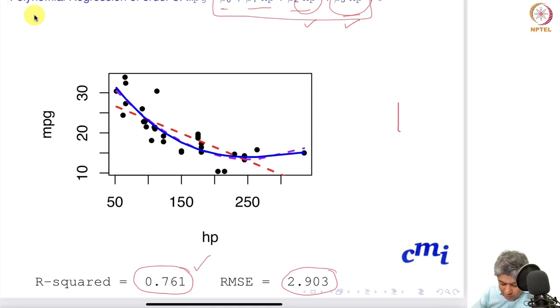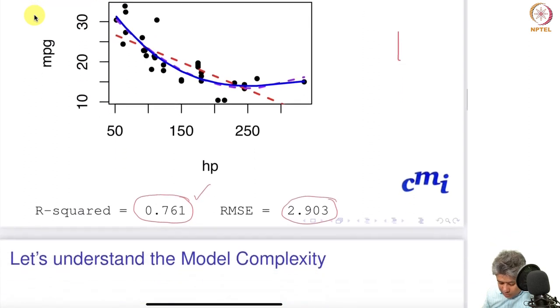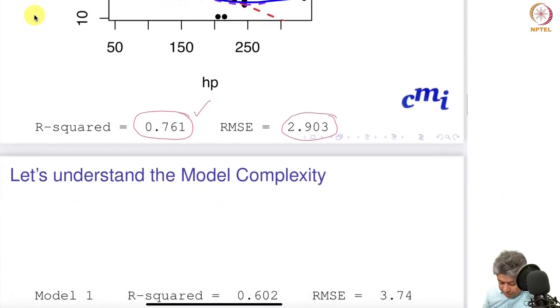Adding this cubic term, this blue color is now the main function, and the quadratic and cubic curves look almost the same, with not much difference.